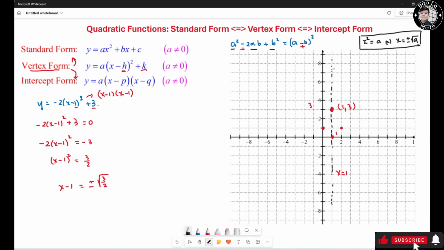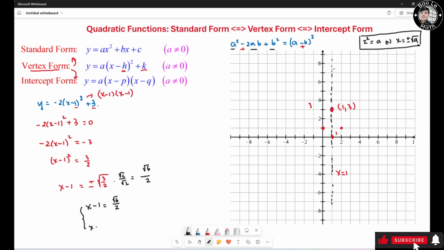Now I need to radicalize this one by multiplying the top and bottom by root 2, right? So I have root 3 times root 2, which is root 6. Now root 2 times root 2 is 2. So I have two different cases. The first case, s minus 1 equals root 6 over 2.